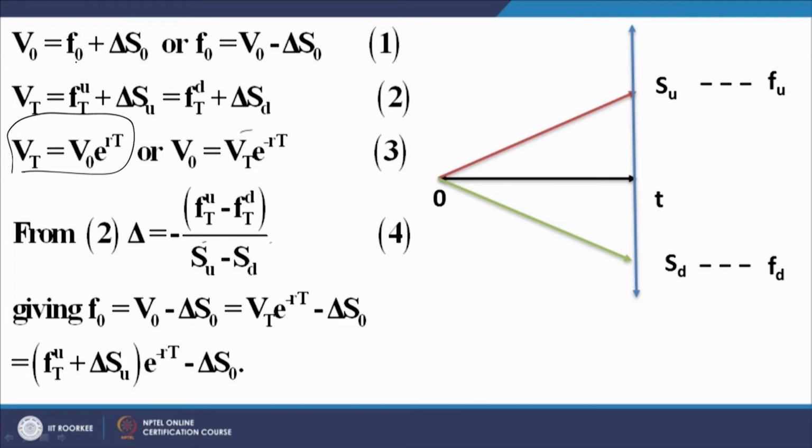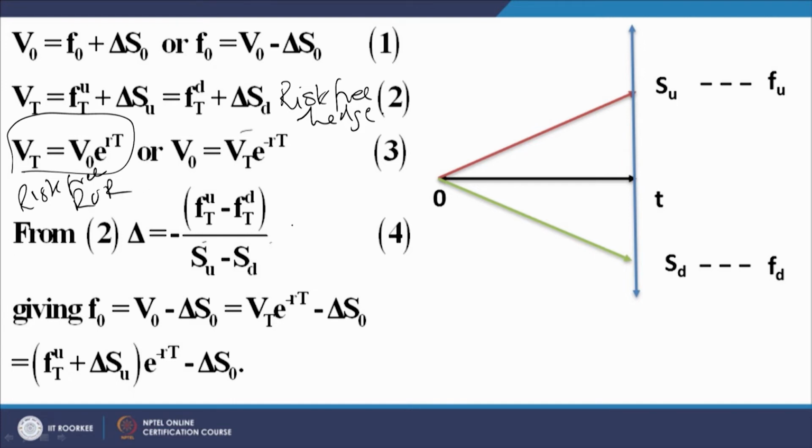Equation number 1 is for the construction of the portfolio, and from this we get f_0 is equal to V_0 minus delta S_0, because V_0 is the total value of the portfolio at t equal to 0, which consists of 1 unit of the derivative worth f_0 and delta units of the underlying asset worth delta S_0. Then this is from the condition of risk free hedge, and this is the risk free rate of return, as I mentioned just now.